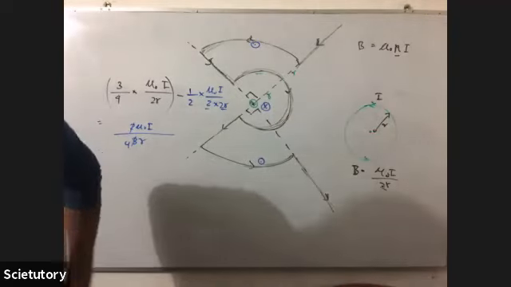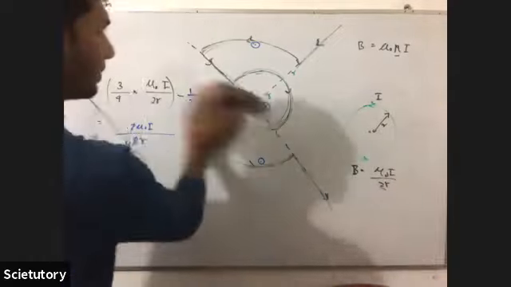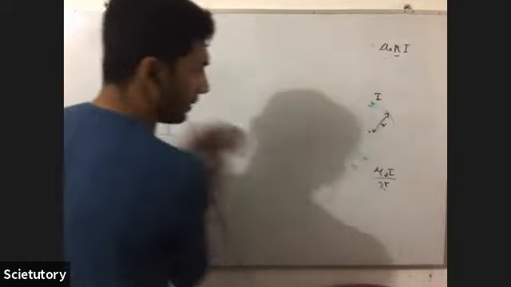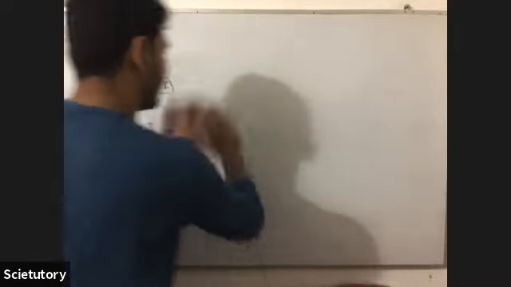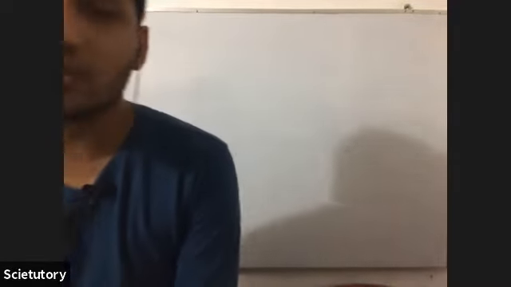Good. Then the 28th question. I'm going to introduce you to a shortcut for the 28th question. First, we shall analyze the theory. This is about the standing waves created in a stretched string.